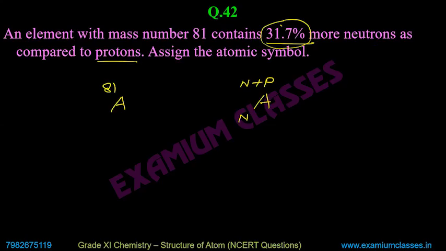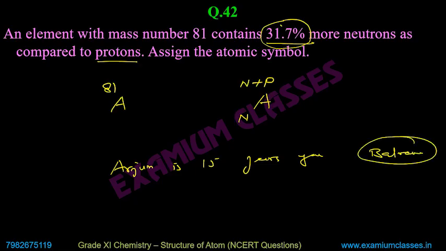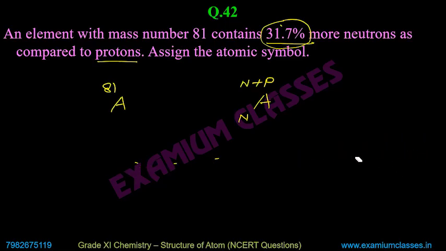If Arjun is 15 years younger than Balram, then Balram's age has to be assumed. Here also it is the same concept. And this is why I'm telling, because a few students face a problem here: which one to be assumed?